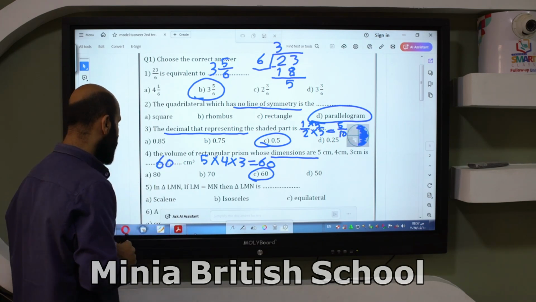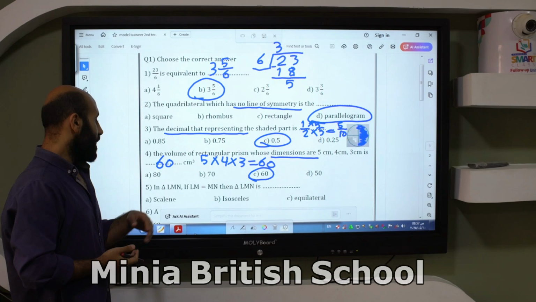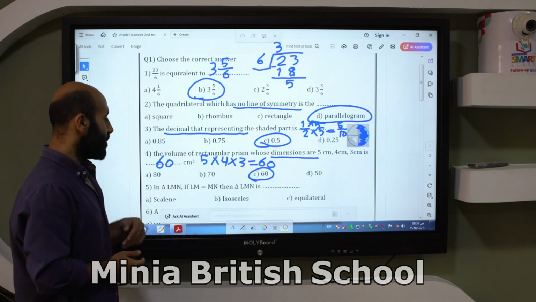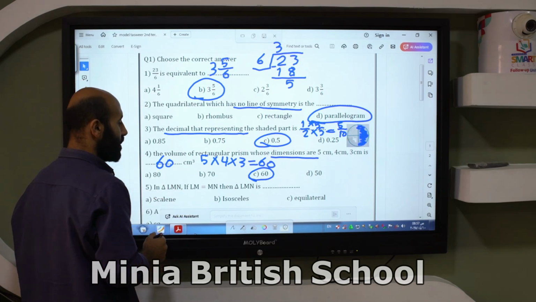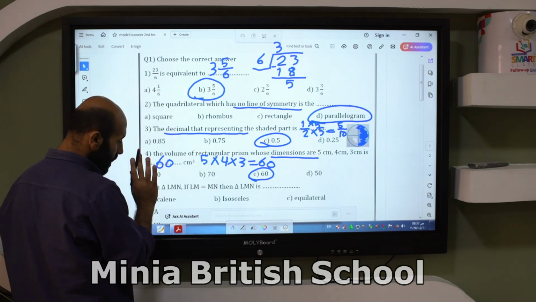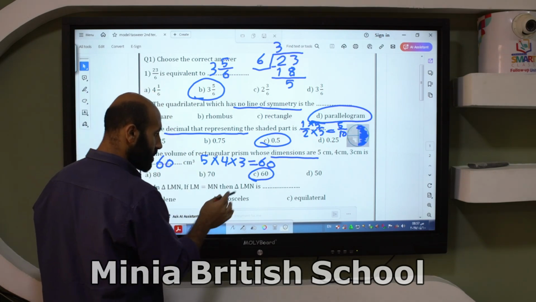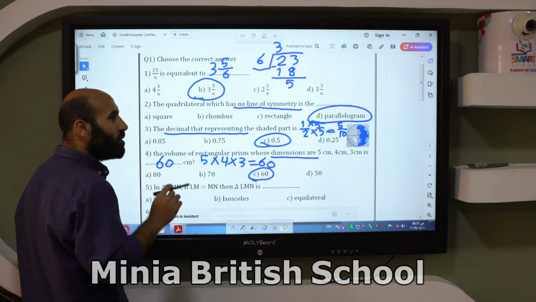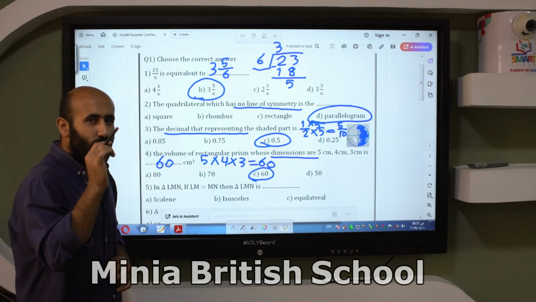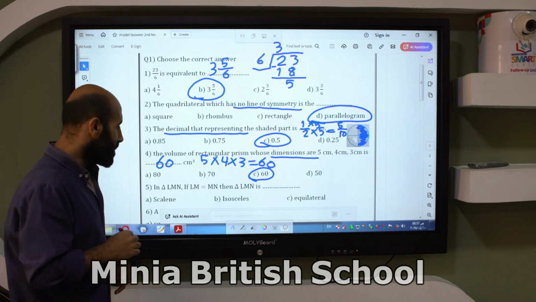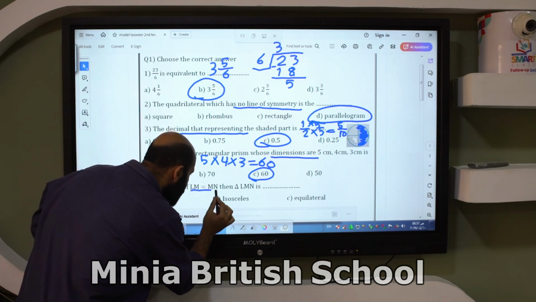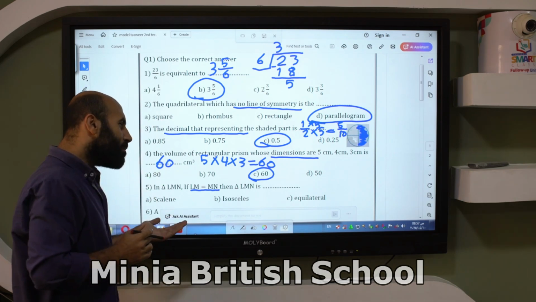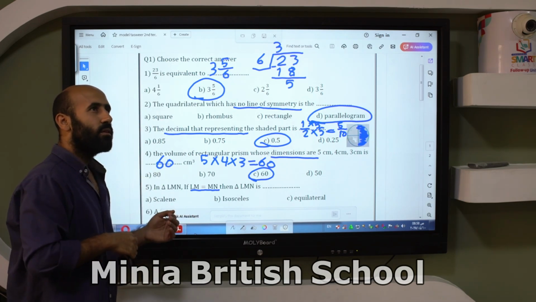In triangle LMN, if LM equals MN, then the triangle LMN is what? Scalene, isosceles, quadrilateral, or equilateral? The main point that will give me the right answer is this part: LM equals MN.